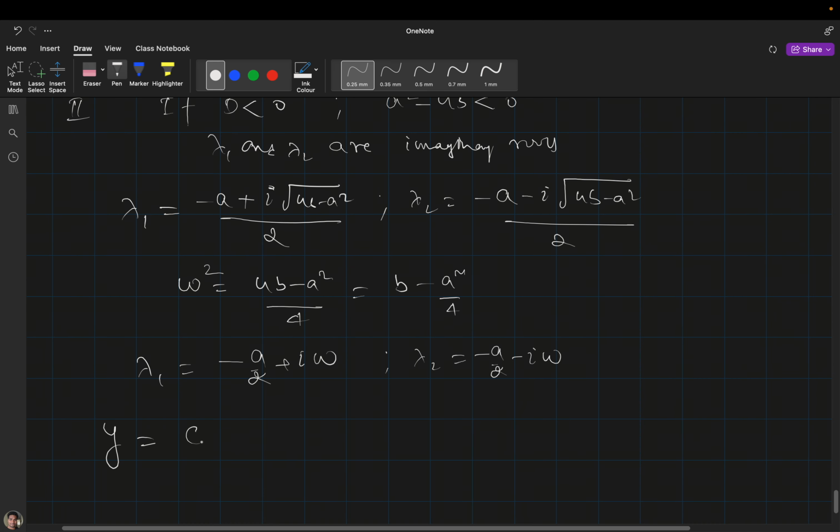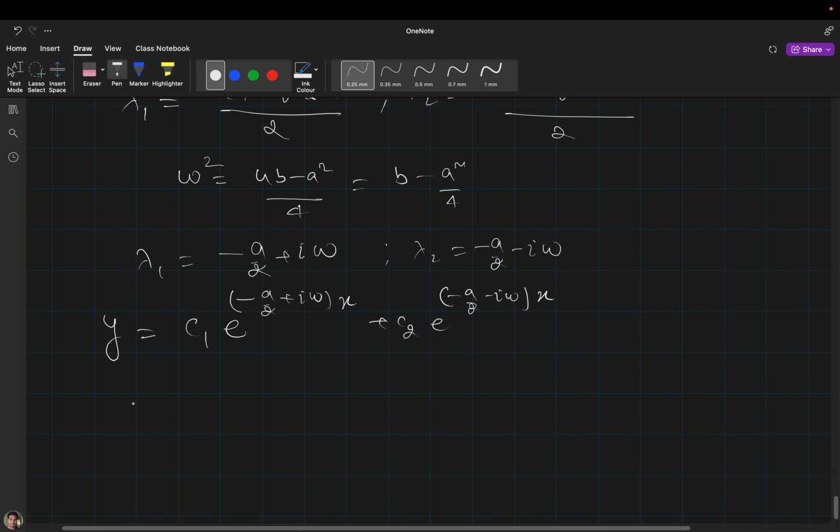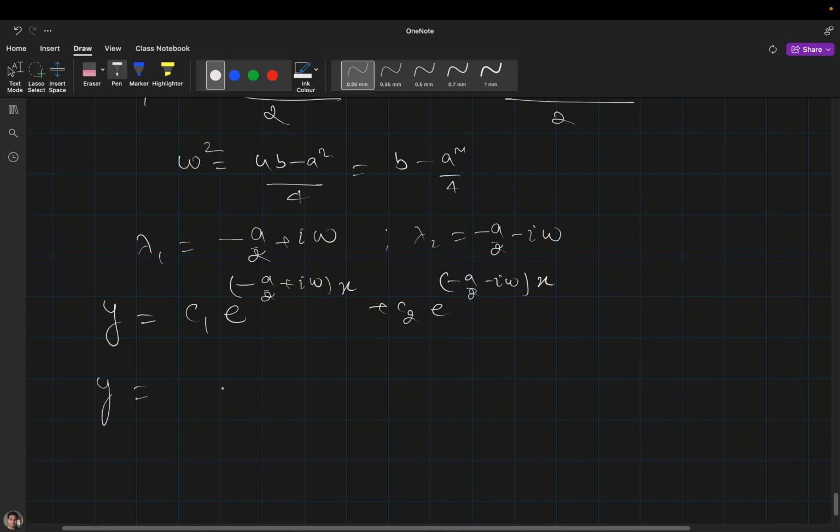Okay, then what will be the solution? The solution will be C1 e raised to the power minus a by 2 plus i omega times x, plus C2 e raised to the power minus a by 2 minus i omega times x. And you can see that I can take common e raised to the power minus a by 2 x, and this will become C1 e raised to the power i omega x plus C2 e raised to the power minus i omega x.